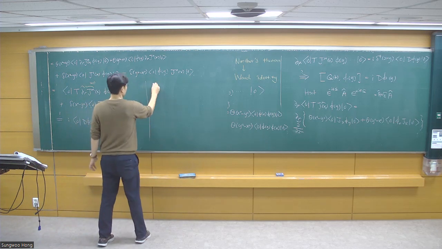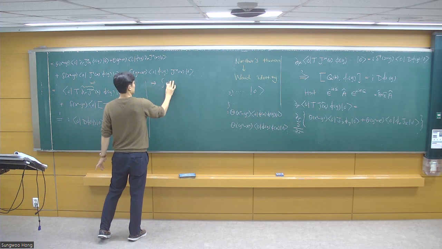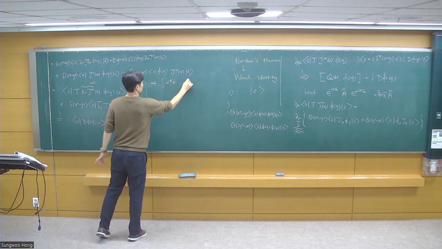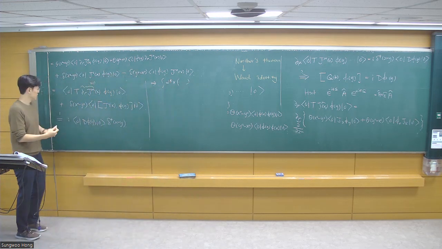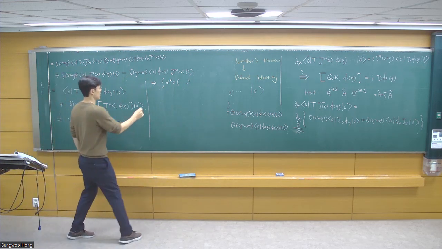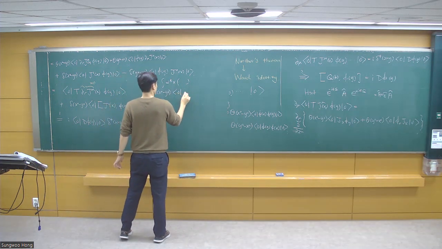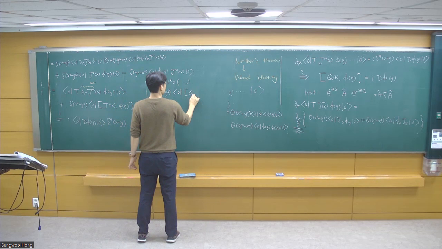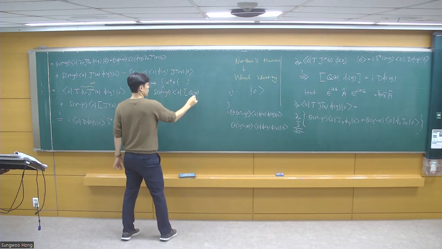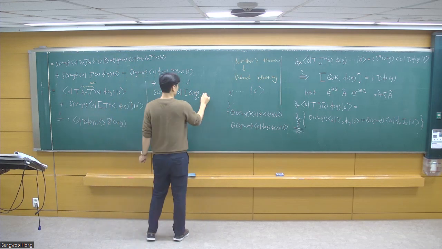The only thing that I have to do is integrate both sides with respect to d3x. The left hand side I get delta of x0 minus y0 times the commutator of now Q of t, I mean Q at x0, and then this operator.